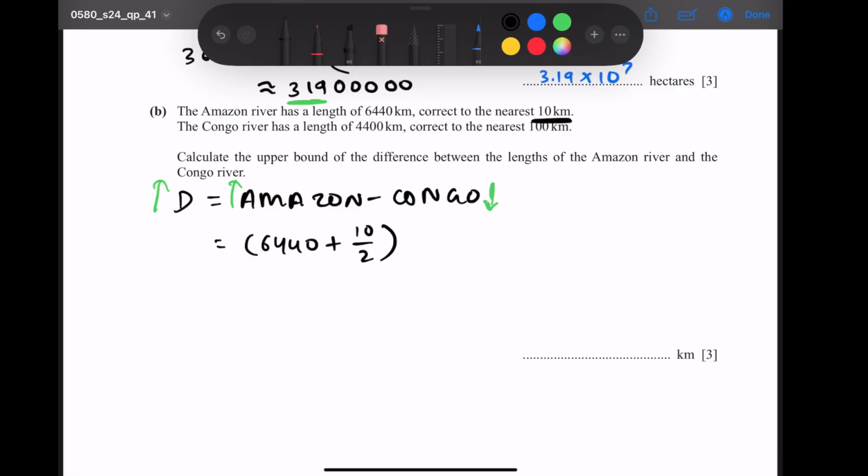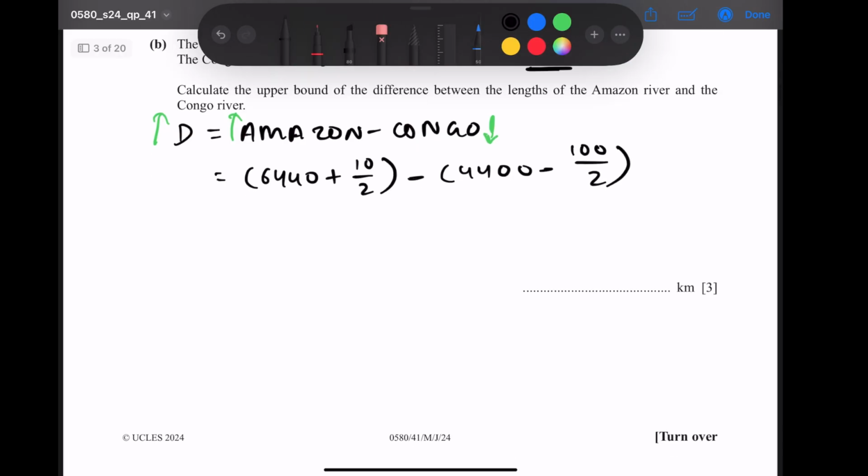Now we subtract the lower bound of the Congo. Since the Congo is equal to 4400 minus, now we check what it is rounded to the nearest of, which is 100, and we divide that value by 2. In this case, we get 6445 minus 4350. And our final answer is 2095.